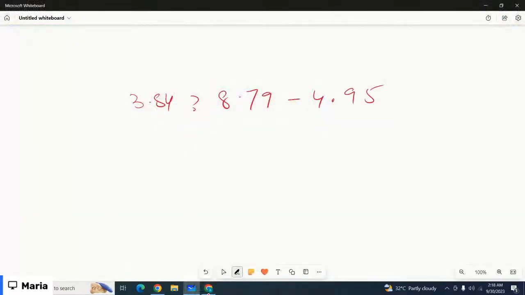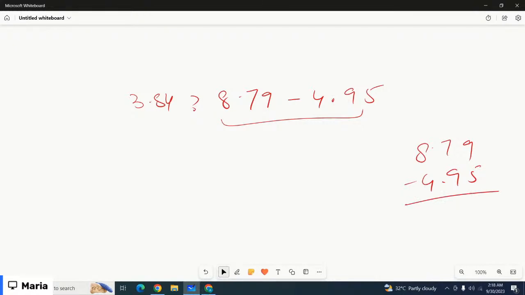So you have to solve this side first. Let's just subtract them. 8.79 take away 4.95.